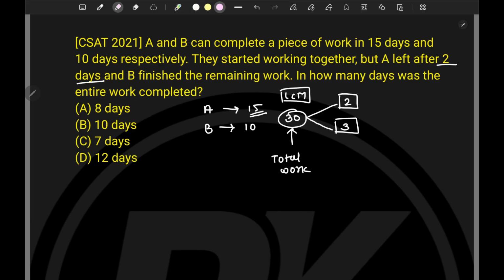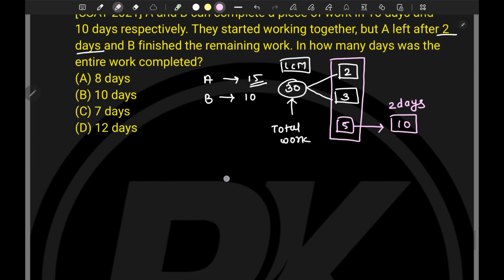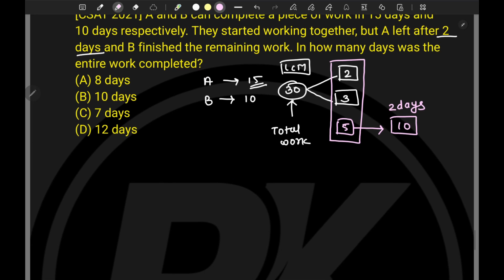That means combinedly they worked for how many days? 2 days. And in one day, 5 portions are completed. That means in 2 days, how much of the work is completed? 10. Now tell me, if 10 is completed, then what is the remaining portion of the work? It is 20.